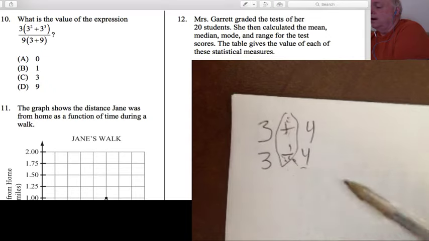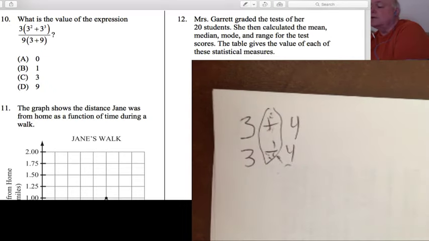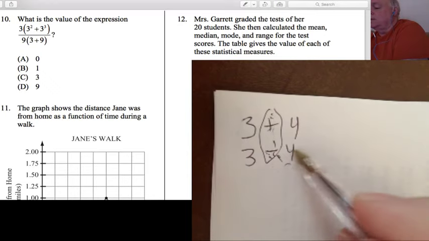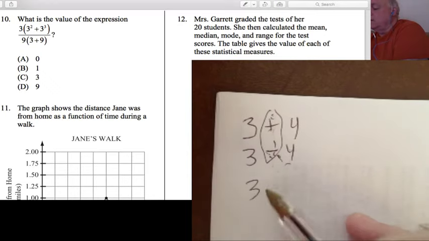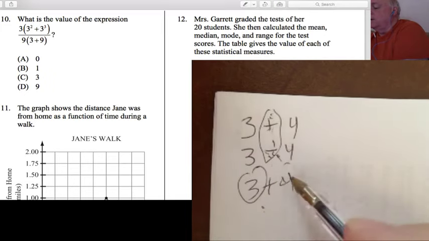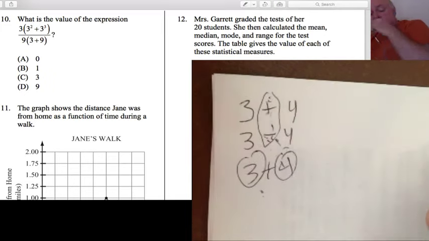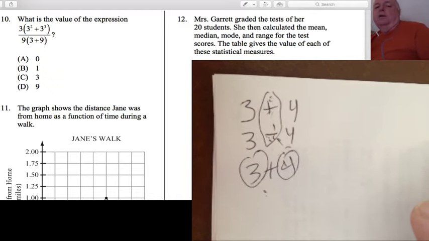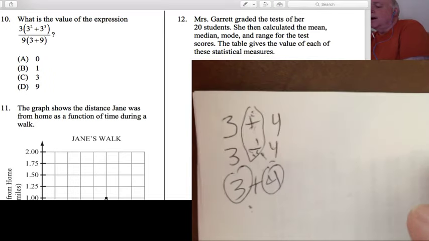I also have slight dyslexia, so I can see different digits sometimes. So if you have issues like this, please double check what you're doing, especially if you're copying.